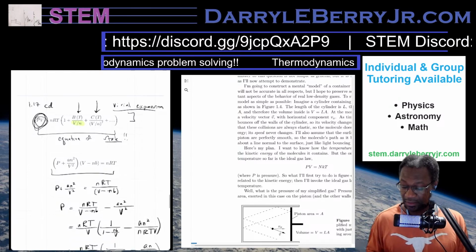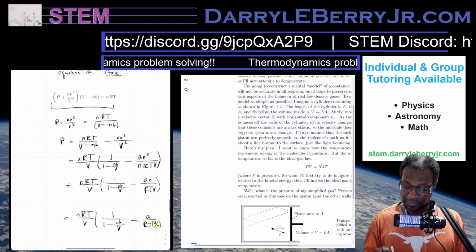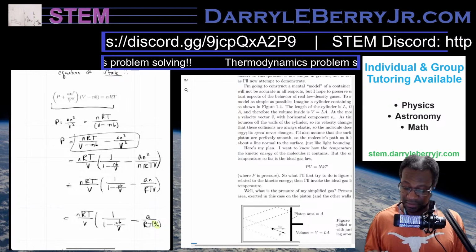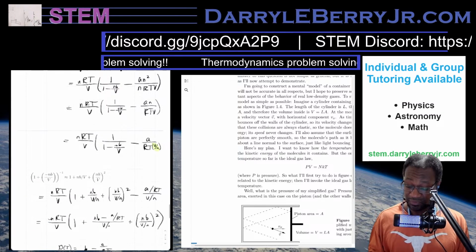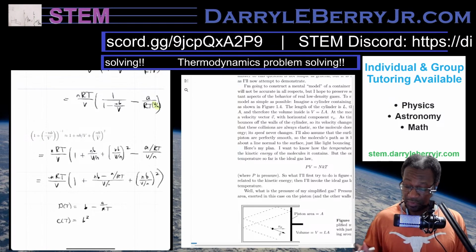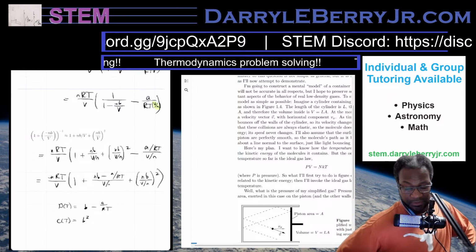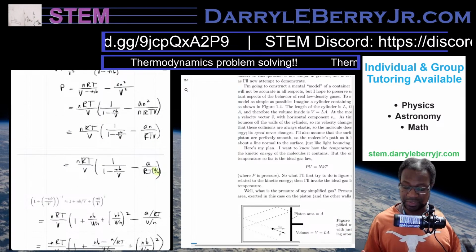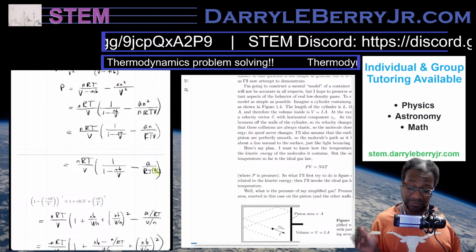Sometimes you might have to take a roundabout step. Like first I had to just put V on one side and then solve for V over there. Solve for something over V, so then I can multiply V over. So sometimes there's a roundabout way to do it. One then the other, so I have to keep that in mind. Solve for P, solve for 1 over V on the other side, and you can multiply V over and still have nRT on the outside.